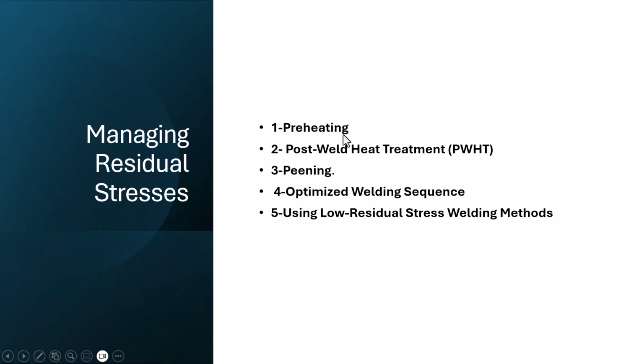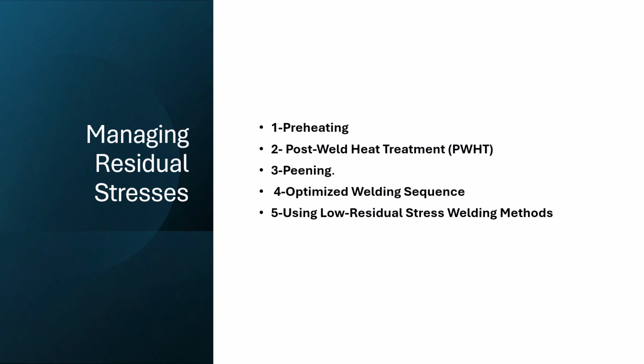The second one is post-weld heat treatment, known as PWHT. They use that a lot after the weld is completed. They heat it in order to release all those internal energies, and they cool it down in a controlled way.